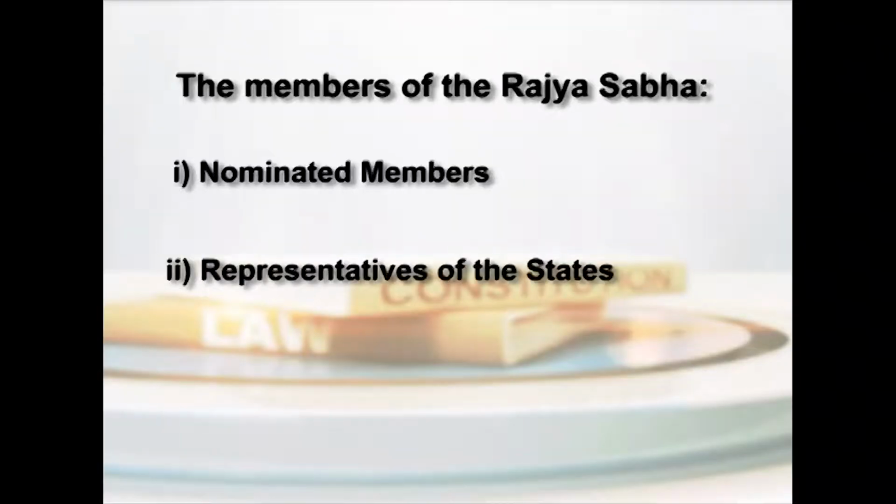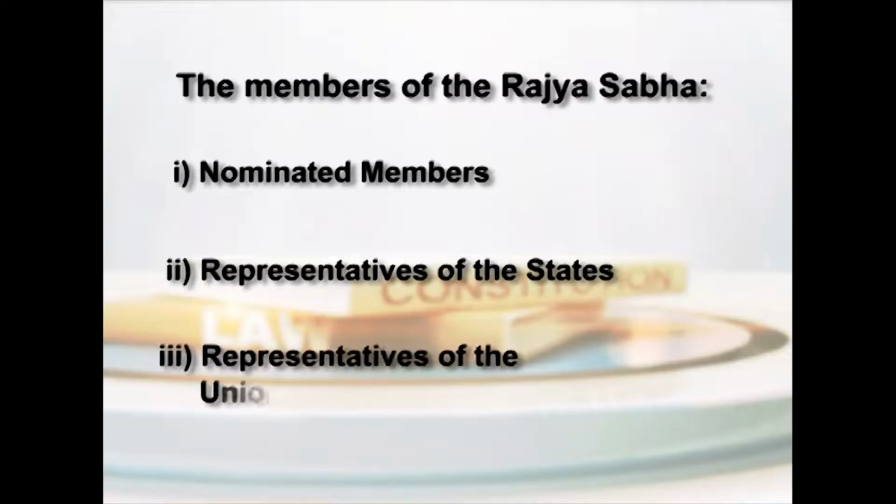Second, the members of the Rajya Sabha include the representatives of the states. They are indirectly elected by the elected members of the state legislature by means of proportional representation with a single transferable vote system. Third come the representatives of the union territories.